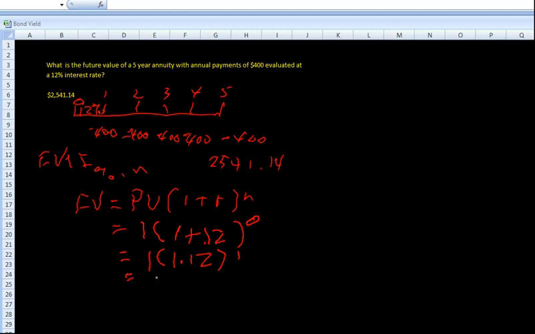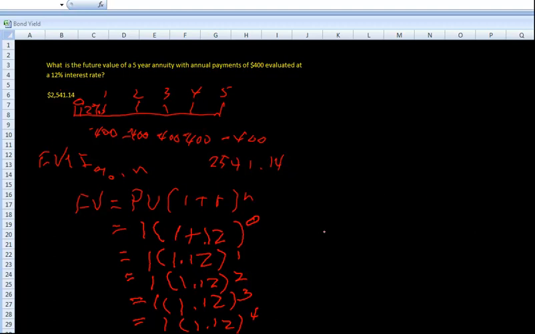And then we have 1 plus 1.12 to the second power, which is 5 minus 3. And we have 1 times 1.12 to the third power. And finally we have 1 plus 1.12 to the fourth power.